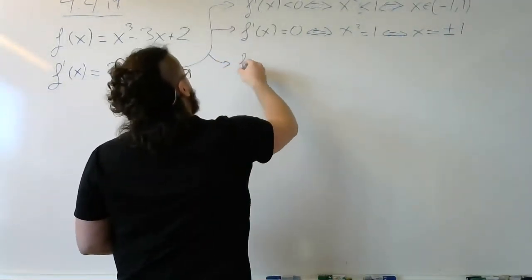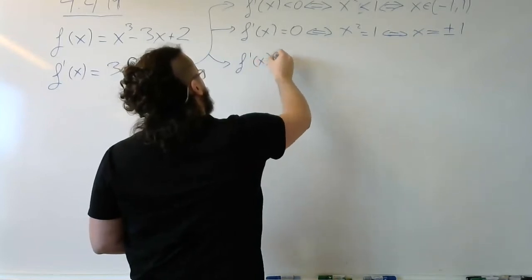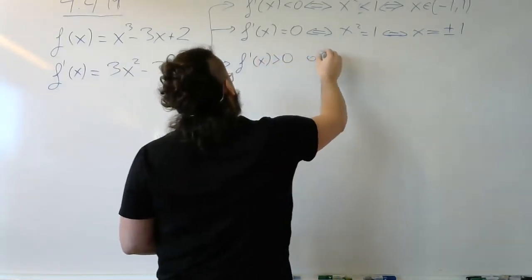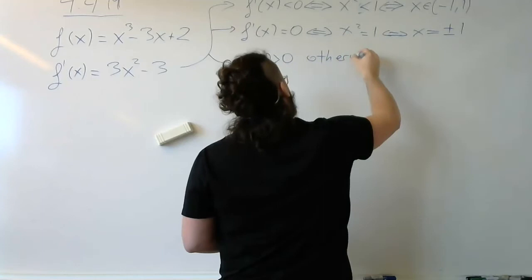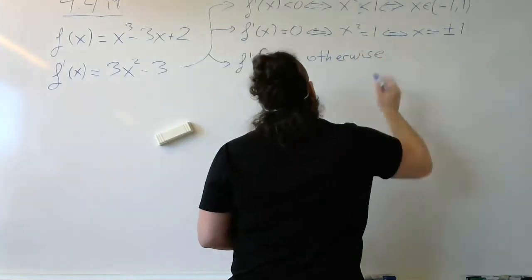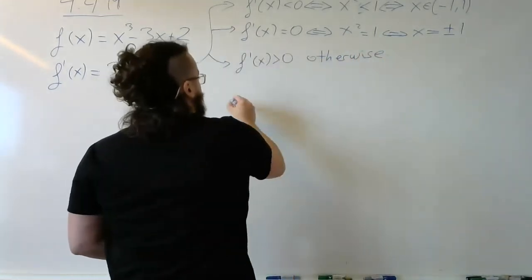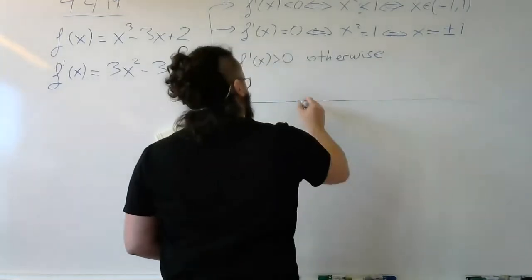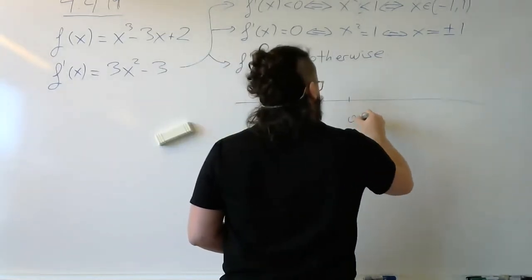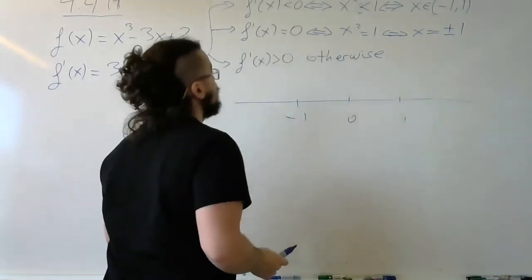And so we draw this line. We have minus 1, 0, 1.